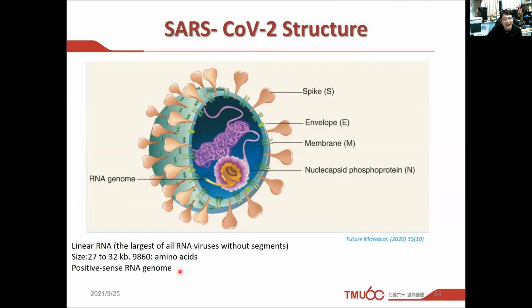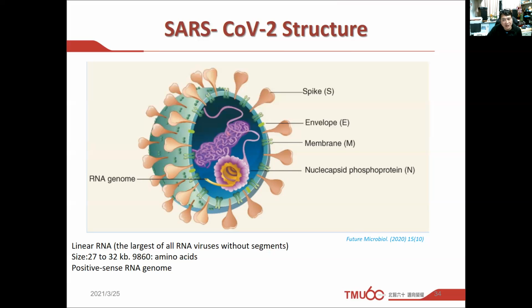Okay, and the size of its genome is around 27 to 32 kb, and it can code for 9,860 amino acids. Okay, besides that, we can see it has four different major proteins.